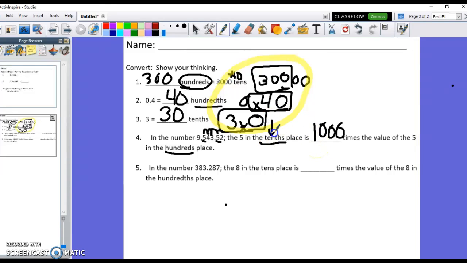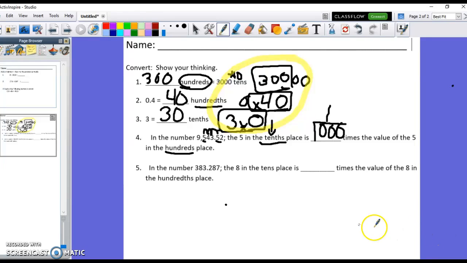I start with whatever place comes first. In this case, it's the tenths place. And I ask myself, is the tenths place worth more or less than the hundredths place? Well, it is here, and the hundredths place is here, so it's going to be worth less. So because it's going to be worth less, I make it a fraction. It is worth 1/1000th times less the value of the hundredths place.